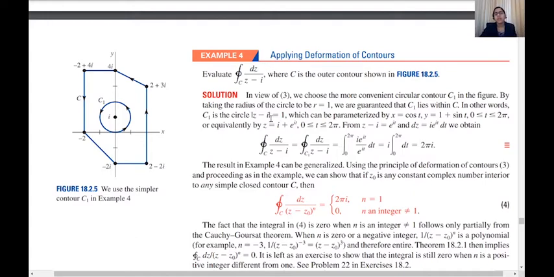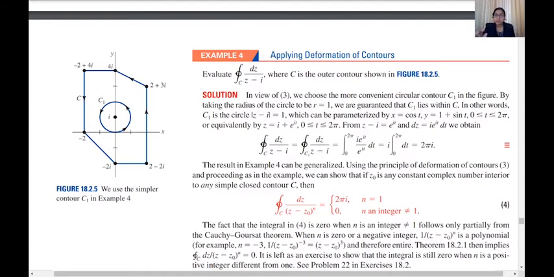Now let me see how we can calculate. By what we discussed just now, the integral over C of dz by z minus i can be written as the integral over C1 of dz by z minus i. Let's see how we can evaluate it.